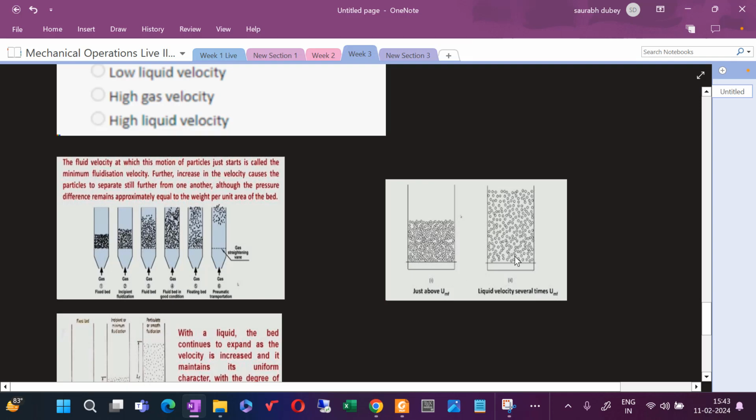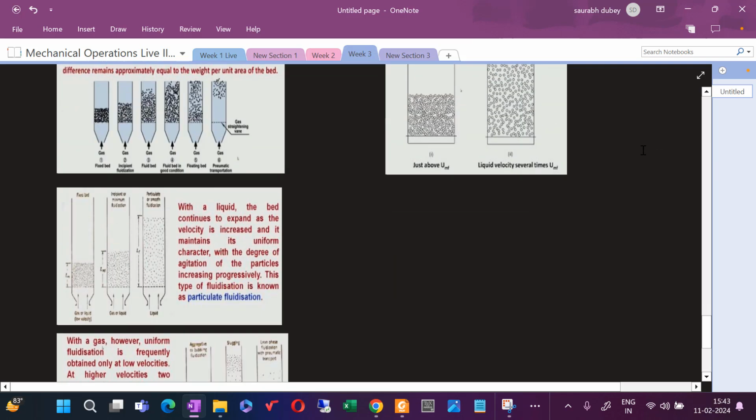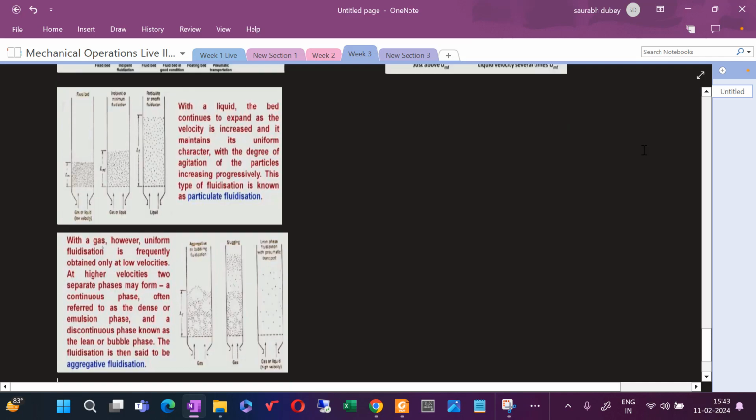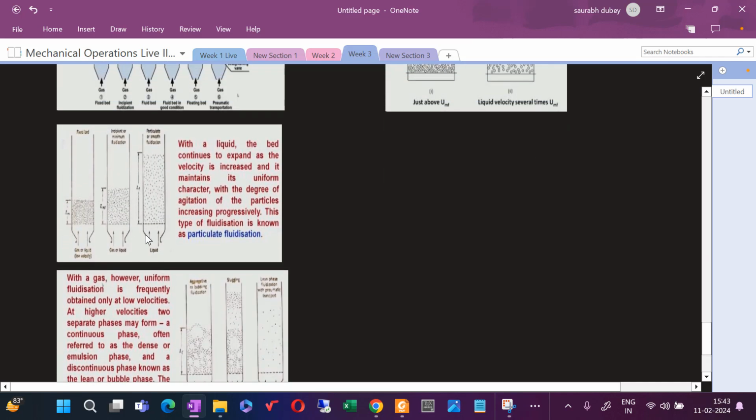This is also uniform, but if it is very large, then there has been some problem, like you had seen the formation of channels, and the formation of bubbles which were non-uniform. Direct lifting of the entire bed has been observed, like the bed is getting lifted instead of getting fluidized. So particulate fluidization is the one which is very good.